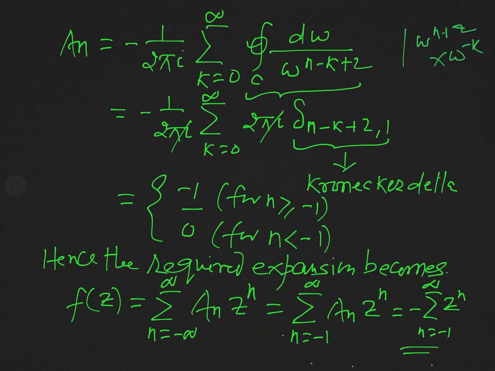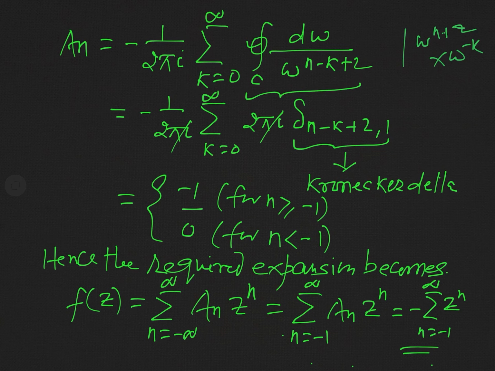Actually this is the Kronecker delta, and if n is greater than or equal to minus 1, in that condition this Kronecker delta will be equal to 1, and since there is a minus sign, this will be minus 1. And if n is less than minus 1, in that condition this Kronecker delta will be equal to 0, so the result will be 0.